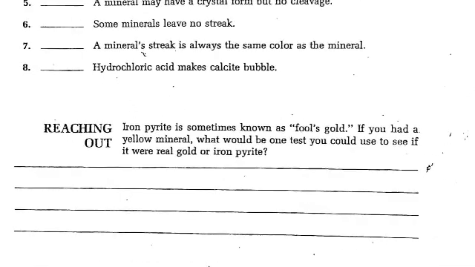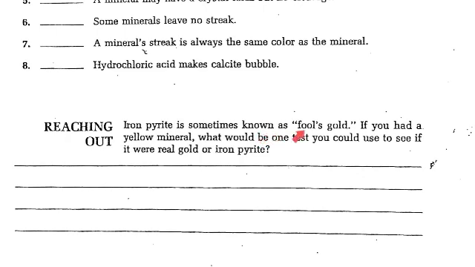So it asks here, iron pyrite is sometimes known as fool's gold. If you had a yellow mineral, what would be one test you could use to see if it was real gold or iron pyrite? So this is testing your own knowledge about what you know about gold itself. Maybe you have to do a little bit of digging or a little bit of research in order to find out more about it. All right, so I want you to finish this up, writing this into your booklets.